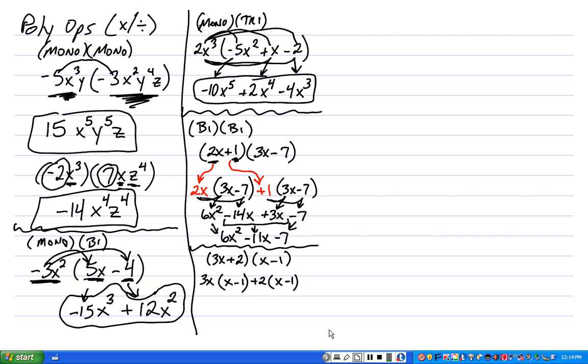So 3x times x is 3x squared, 3x times a negative 1 is negative 3x. Now 2 times x is a positive 2x, and 2 times negative 1 is a negative 2. Combining like terms, you end up with 3x squared, negative 3x plus 2x is a minus 1x, and you bring down your negative 2. There's your answer.